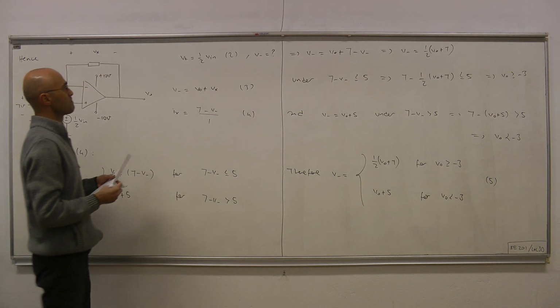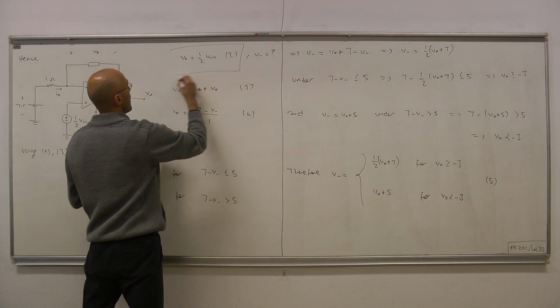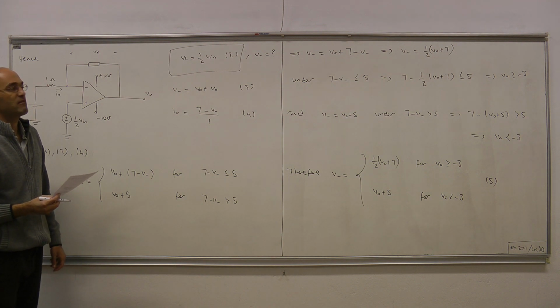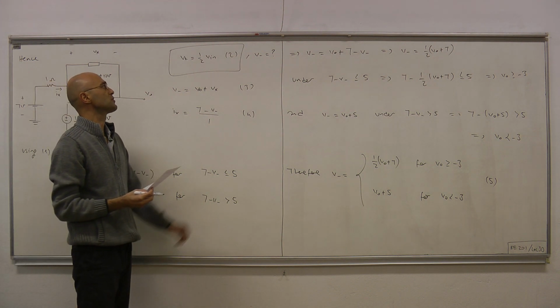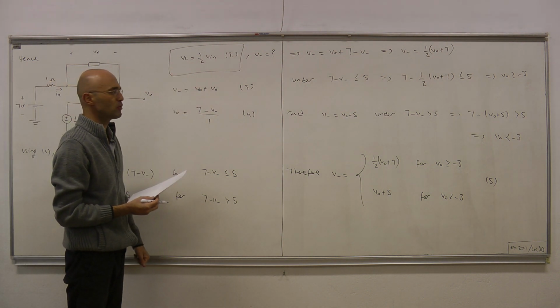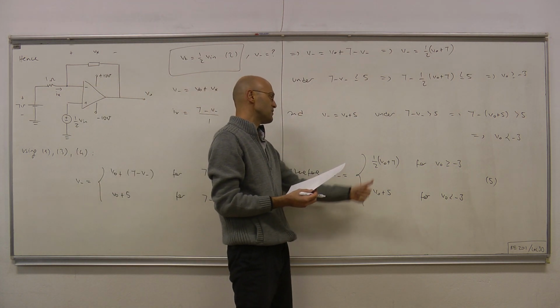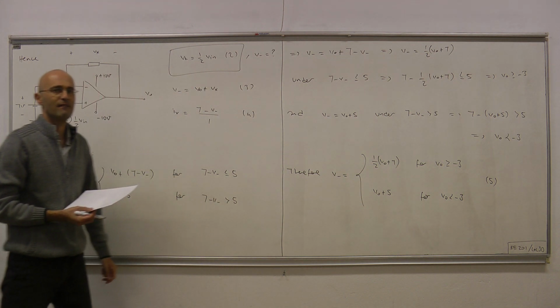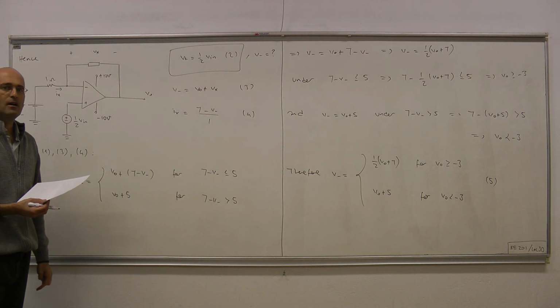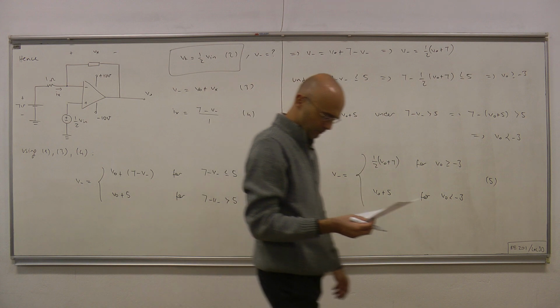So now we have V plus in terms of only the input voltage, and we have V minus in terms of only the output voltage. Okay. And now we can begin our region by region analysis.